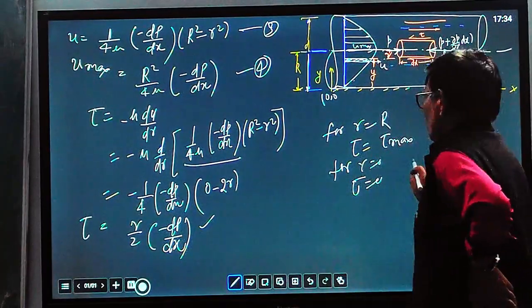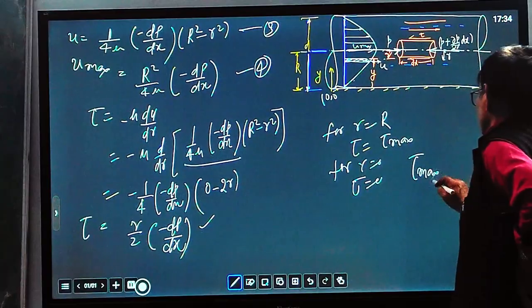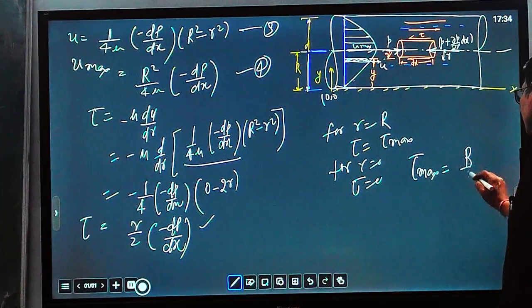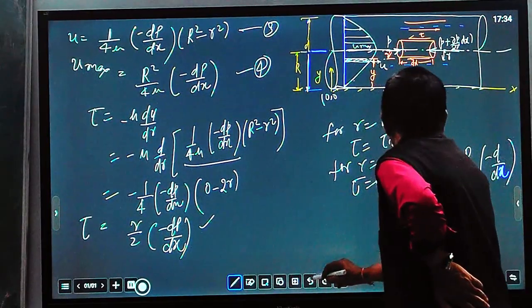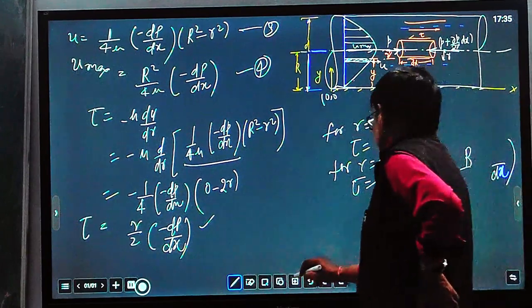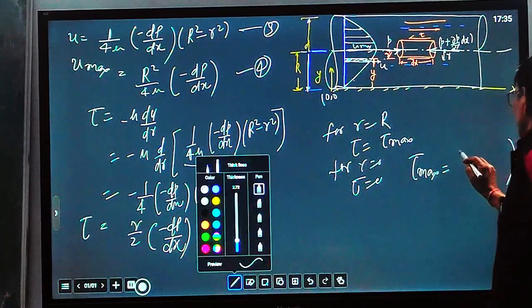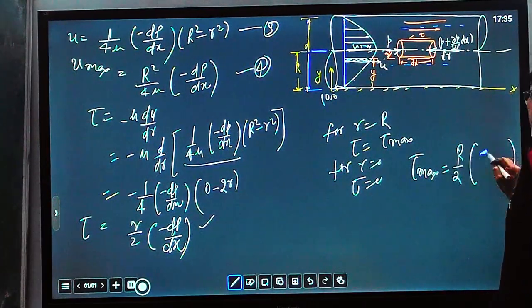So maximum shear stress tau maximum equal to R by 2, minus dp by dx, which is always a positive quantity.